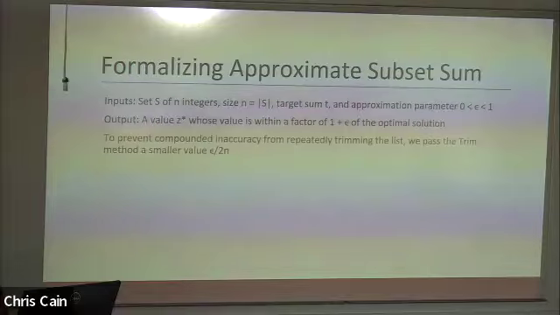So we use a smaller value than that when we pass to trim, because this leads to compounded inaccuracy. Each time we're getting rid of elements, the inaccuracies propagate to the next set and then to the next set, with an additional inaccuracy for each of those values. So the more boxes we have, the more it's like exponential decay.